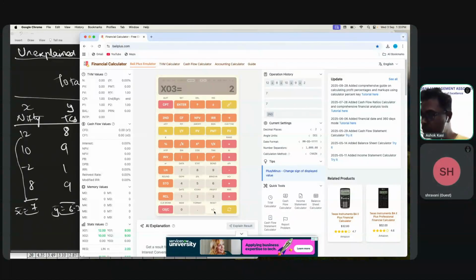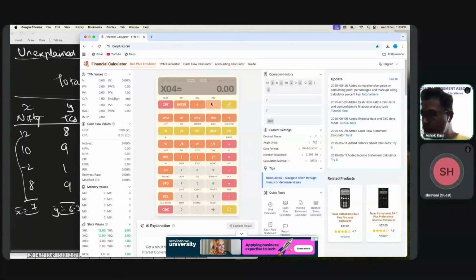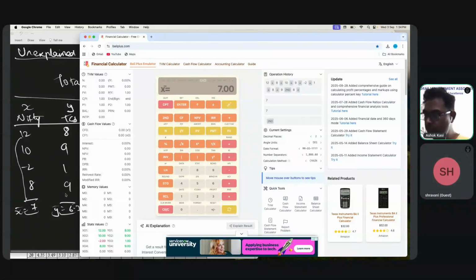So minus 2 and then 1, 8 and 9. Then second 8, 7. We got 7 here.